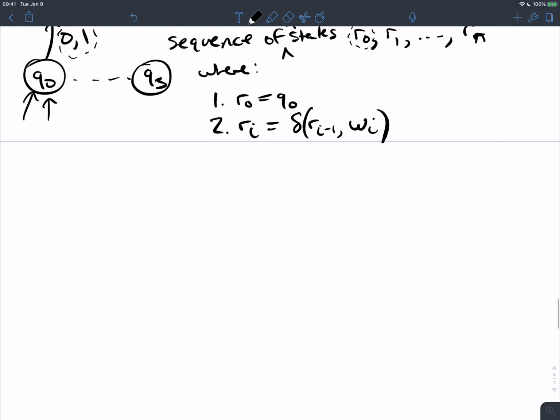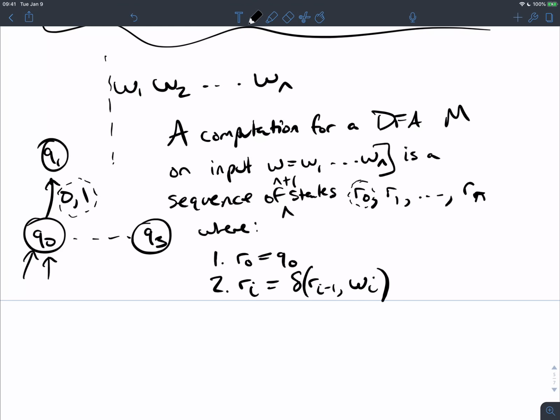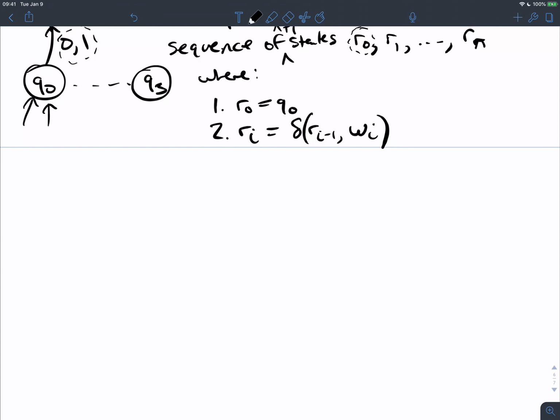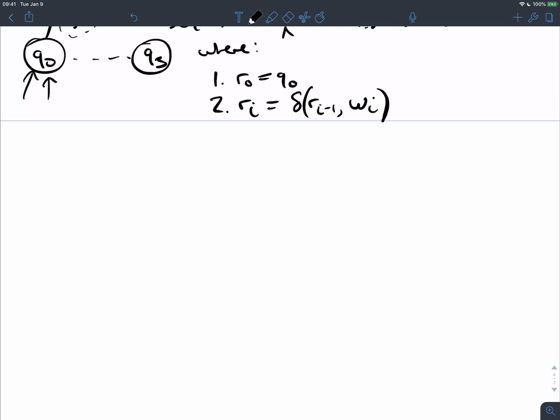Okay, so once we defined computations for Turing machines, then we talked about the languages of Turing machines and whether they were recognizable, decidable, and all that. So we note that DFAs can't run forever because we force them to stop once they've read through their input. So we actually don't need to have a difference between decidable and recognizable, which is nice.